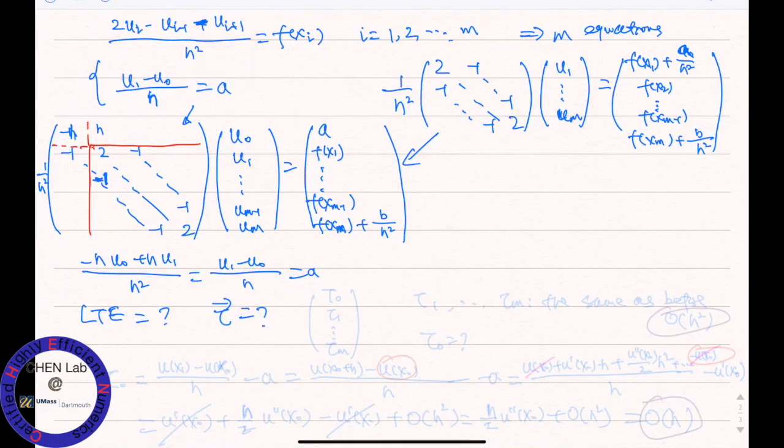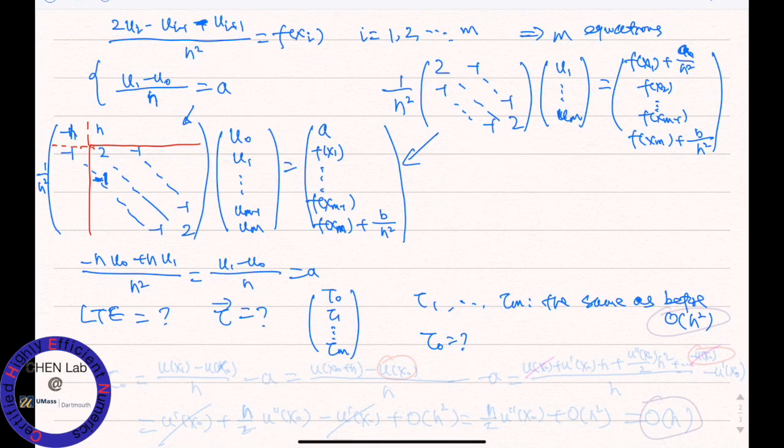Now we're going to get tau 0, tau 1 to tau m. Tau 1 to tau m are the same as before. What about tau 0? As before, recall that what we had is order h squared, from last lecture.